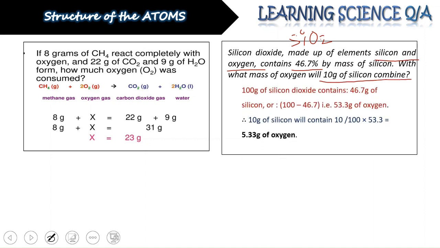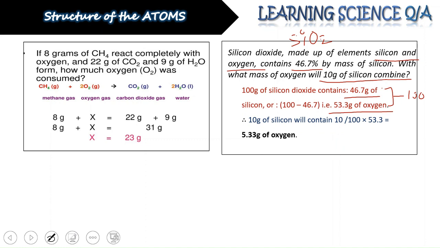So if we say 100 gram of silicon dioxide contains 46.7 gram of silicon, this is something given to us. That means the same 100 gram of silicon dioxide contains 53.3 gram of oxygen, because these two will make 100%.